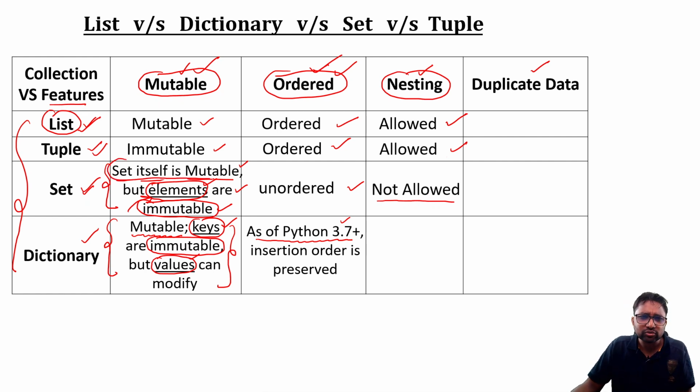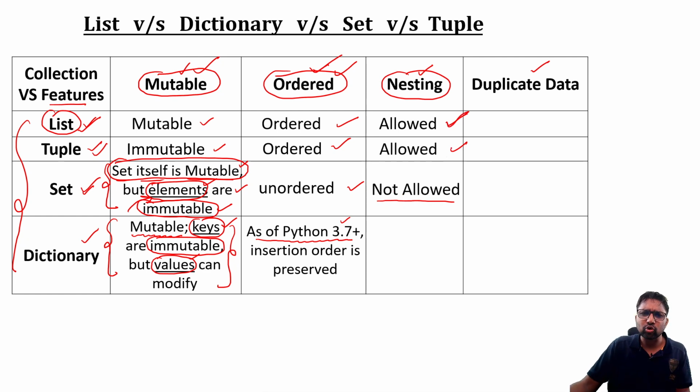The reason is that sets are implemented using hashing, and you cannot perform hashing on changeable items. Hashing cannot be performed on changeable items. So that's why the elements inside the set should be immutable. So that's why a set inside a set is not allowed.